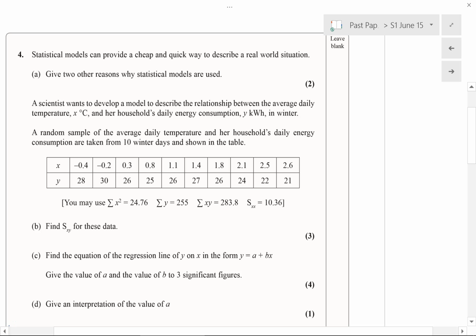This is the second part of the June 2015 S1 Edexcel paper. Quite unusual, I can't remember the last time they actually talked about statistical models.